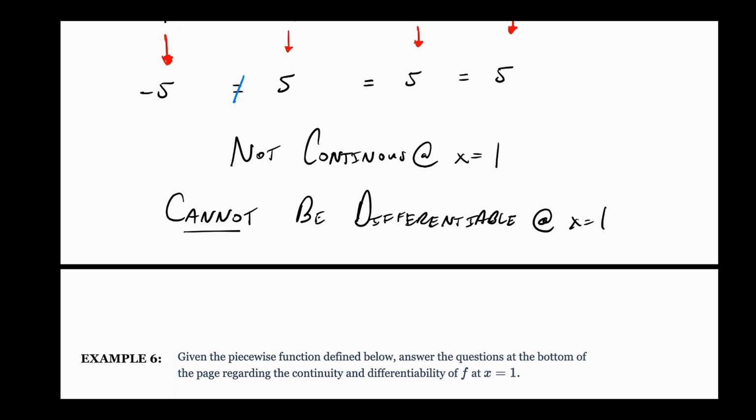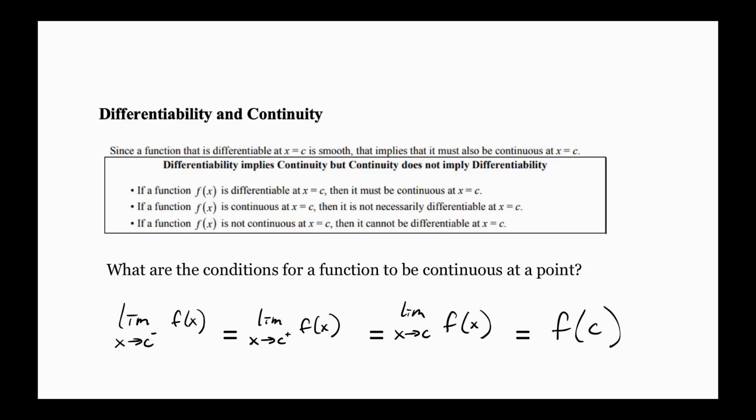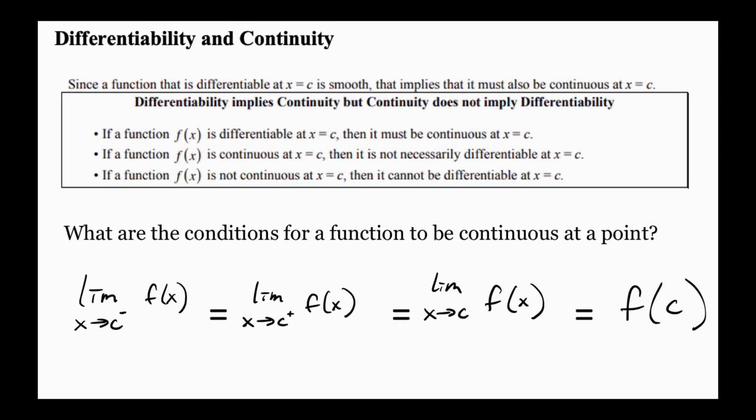Okay. So just be careful when you're using those. When you're using those things here, make sure you double check these here, because sometimes what some people will do is they'll check continuity and they're like, nope. Or they'll check continuity and they'll say, yes, it's continuous. So that means it has to be differentiable. No, you got to check differentiability, right? You got to check that one too. Okay, so make sure it's on the list.